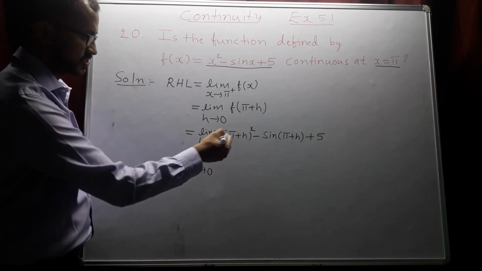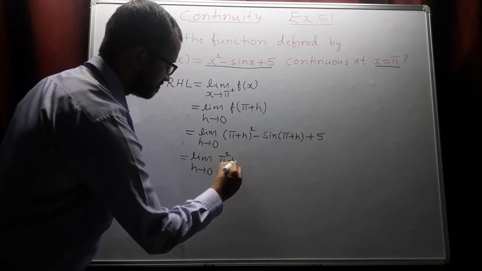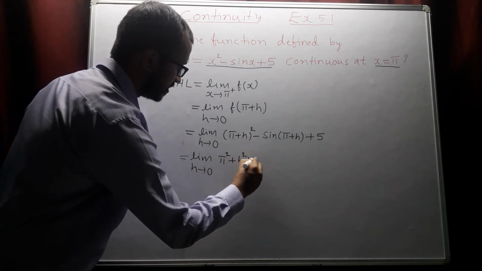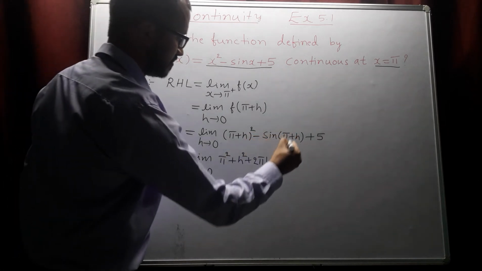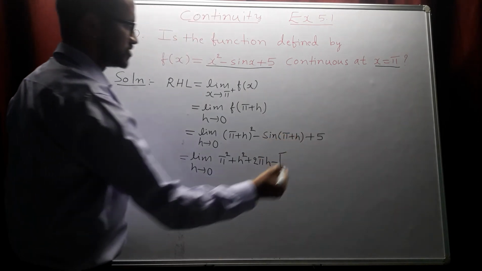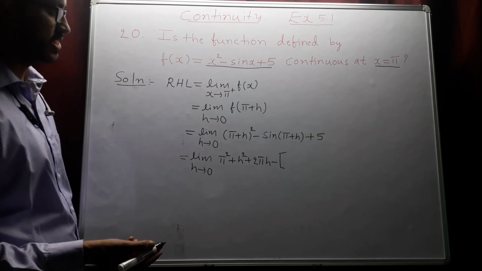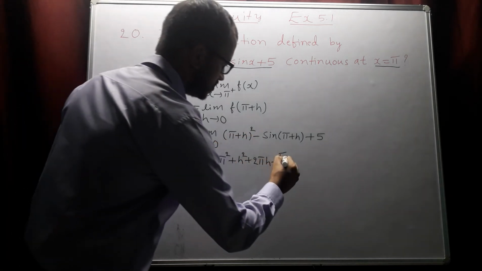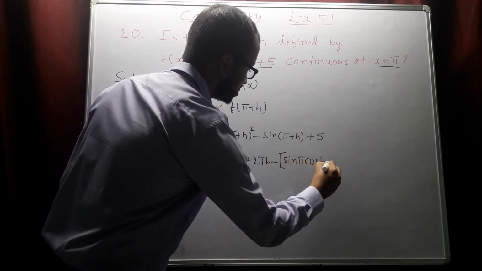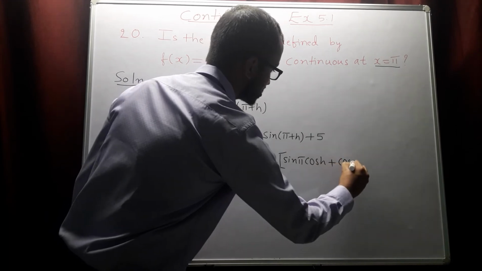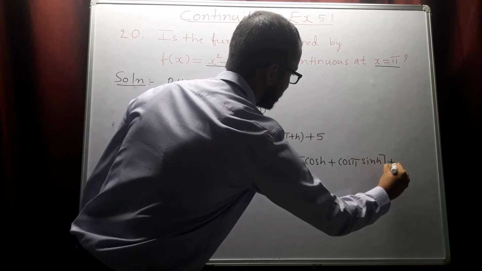If you expand by using (a + b)², we get π² + h² + 2πh, minus sin(π + h). Use sin(a + b) = sin a cos b + cos a sin b, so sin π cos h + cos π sin h, plus 5.